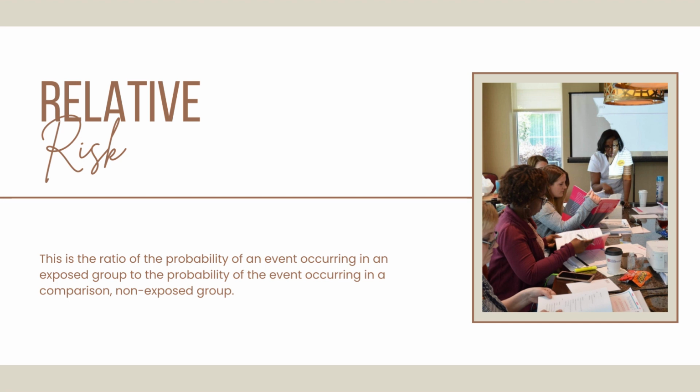So again, relative risk is the ratio of the probability of an event occurring in an exposed group compared to the probability of it occurring in a non-exposed group. And one more time. Relative risk is the ratio of the probability of an event occurring in an exposed group compared to the probability of the event occurring in a non-exposed group.